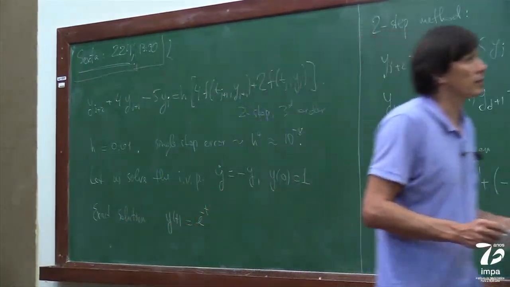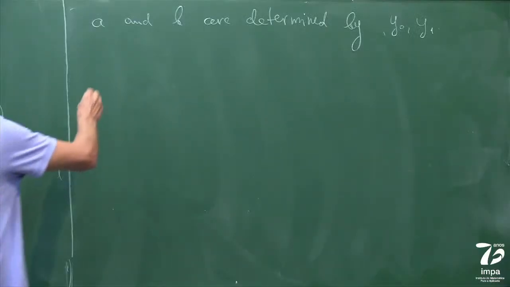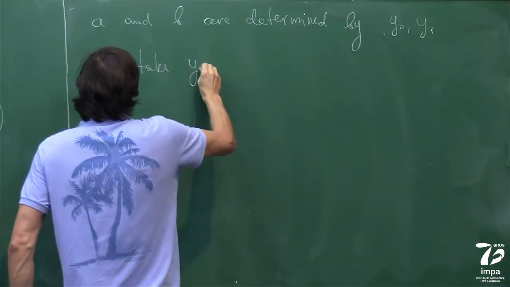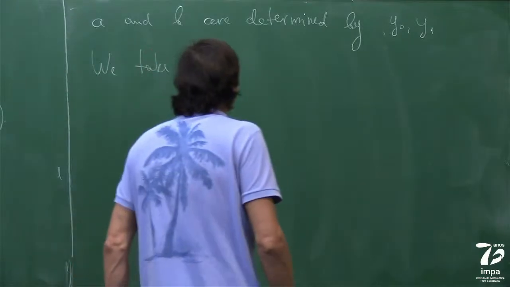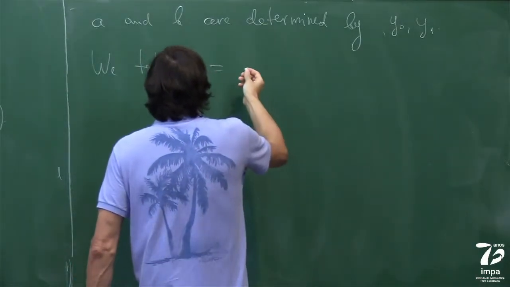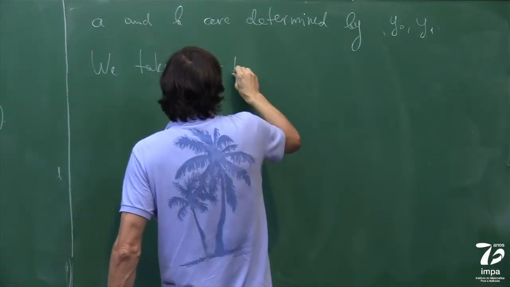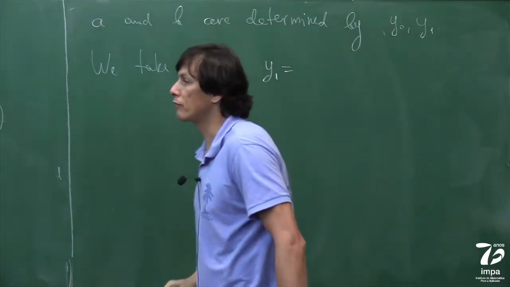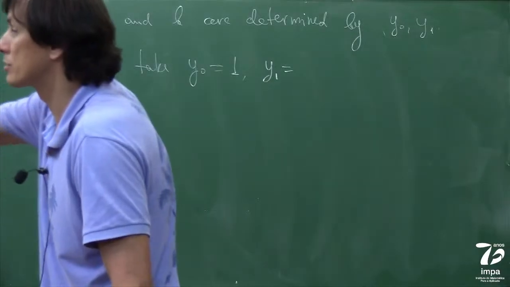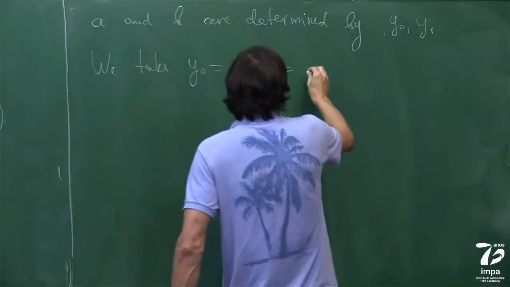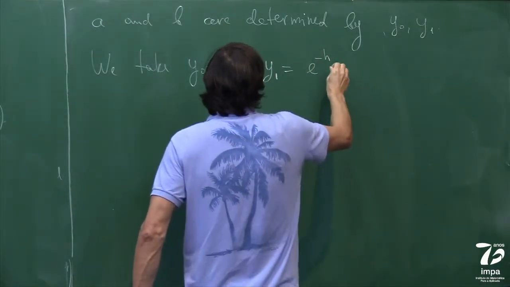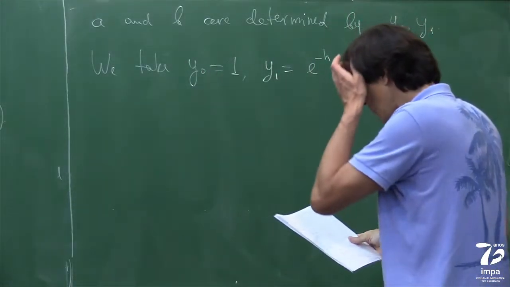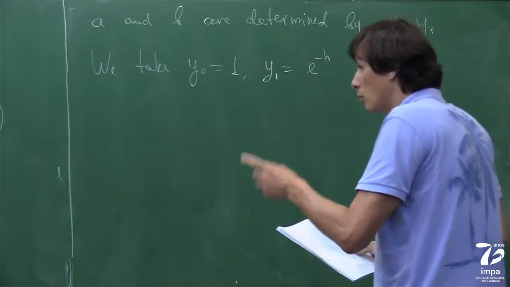So we take y0 to be 1, and y1. Let's assume that we have a perfect method to compute y1. So we just take it exactly from the exact solution. So that's it. So now what do we have?